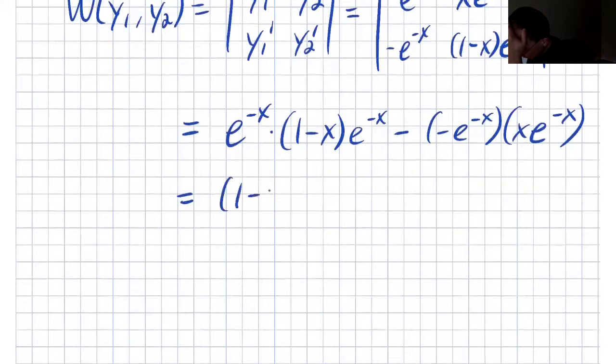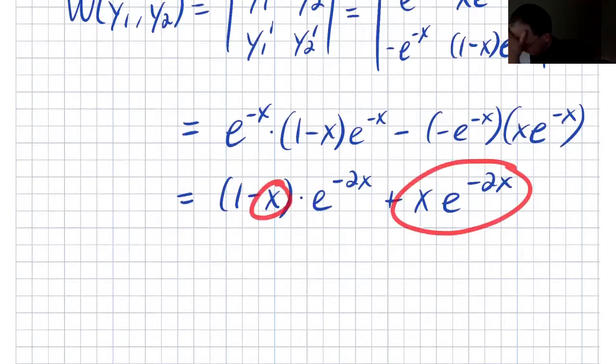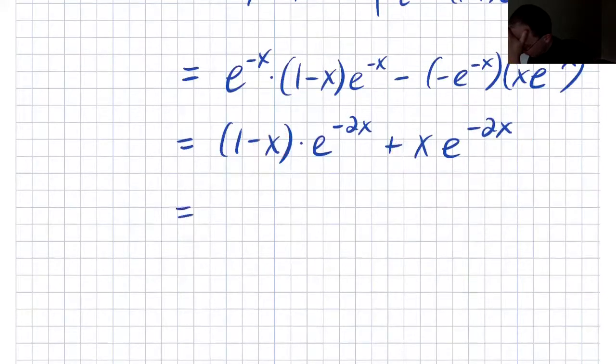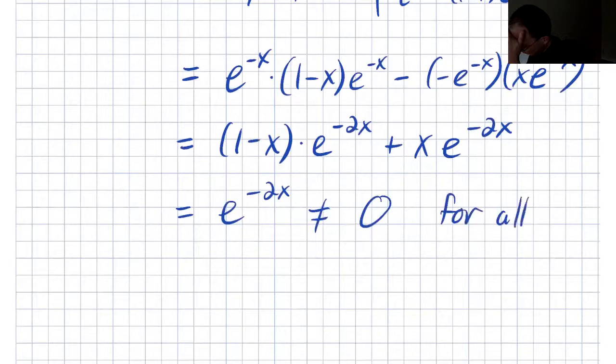We'll get (1 minus x) times e to the negative 2x, and then plus x e to the negative 2x. And this guy and this guy will cancel. So what we're left with is just e to the negative 2x, and this is never equal to 0 for all x. We just needed it for some x, but in this case, it's not equal to 0 for all x.